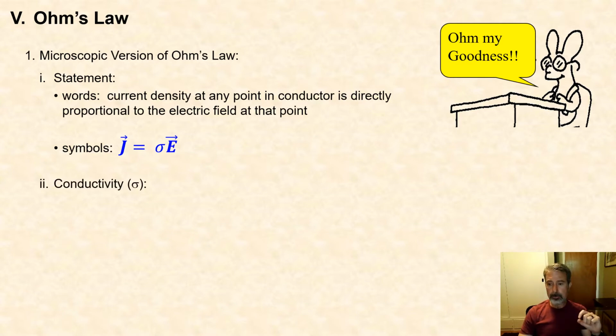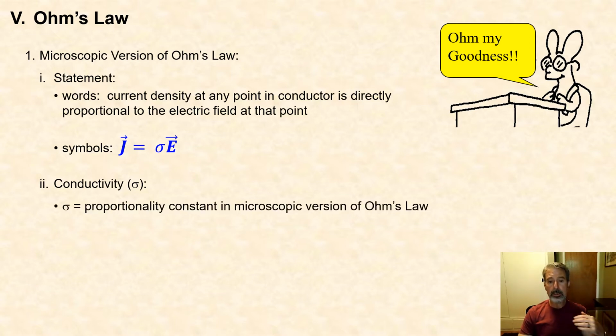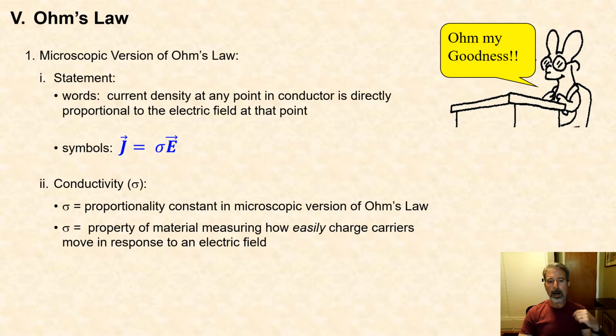So conductivity. Think back to when we talked about the difference between conductors and insulators. We said that conductors were materials where electric charges could move easily. And in the case of metals, these charge carriers happen to be electrons. So we see here in this microscopic version of Ohm's law that sigma is that proportionality constant between the current density and the electric field.